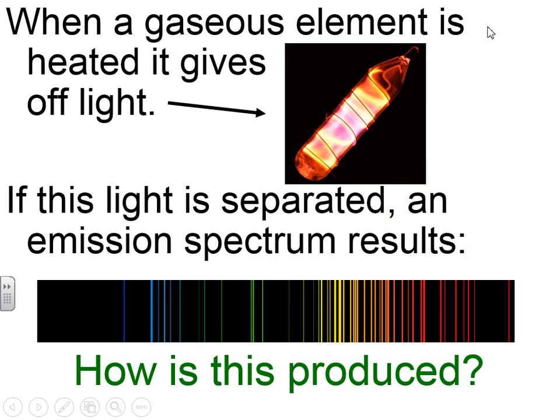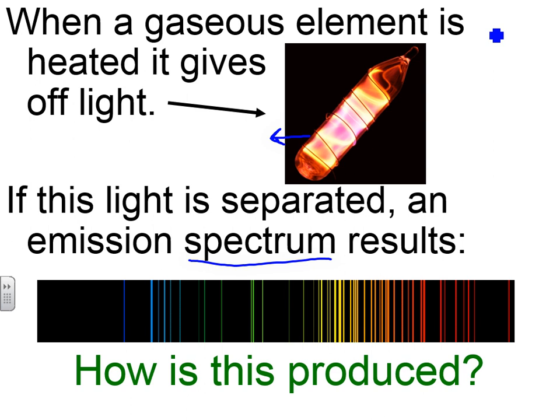So on Earth, what we did is we took a gaseous element and then heated the gaseous element until it glowed. Now, as it glowed, that means it released its light. And as it releases light, we separate that light into what's called a spectrum, which is simply a broken up light. Pass it through a prism, for example, and you can break the light up into its individual wavelengths.